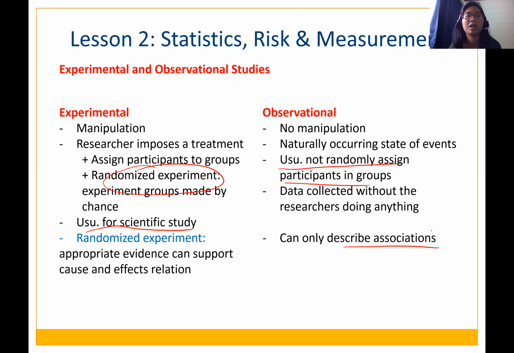That's not a conclusion you can draw from observational studies. An experimental study, because of the randomization and better control, in certain cases allows us to draw the conclusion of a cause and effect relation between the two subjects. So that's the main difference and how you differentiate between experimental and observational studies.